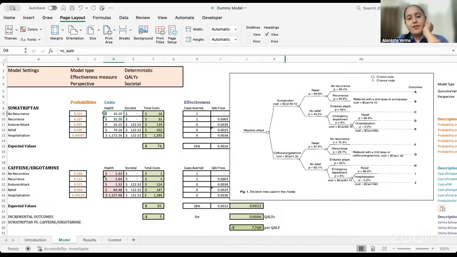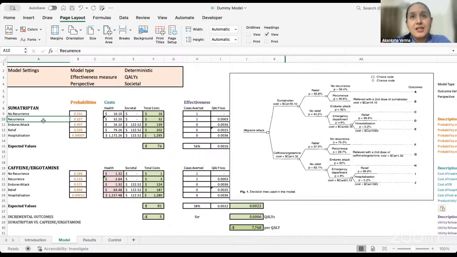I have provided the cost here, but actually you need to calculate the cost. How much cost would be incurred if there is no recurrence? How much cost would be incurred if the attack happens again? This would be based on the management followed by the physicians.